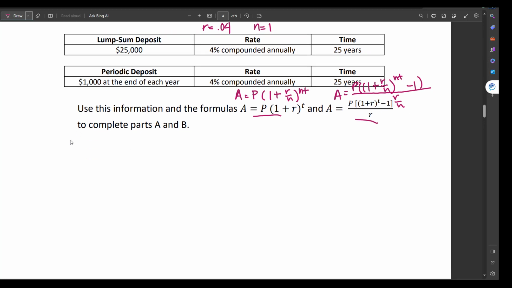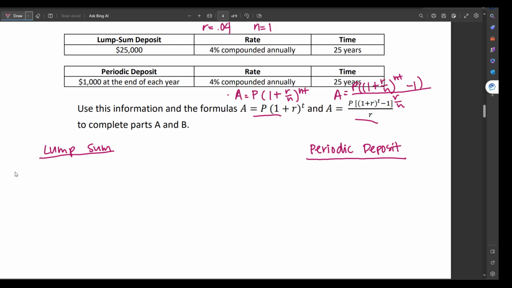So let's get started. We have our lump sum on one side, and then we're going to do our periodic deposit on the other side. So in case of not confusing anybody, I'm going to use the formulas that we were given and the formulas that are on your cheat sheet.